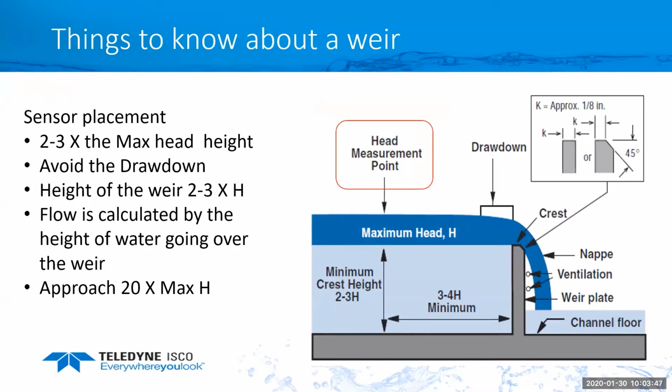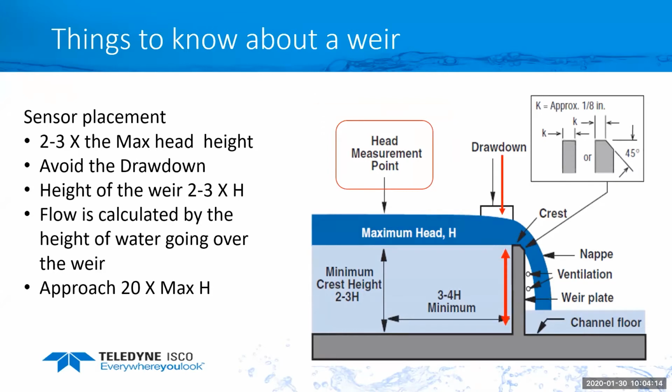And that's going to be determined by what your expected flow rate is through that channel. Why that's important is that if you have the sensor too close to the weir wall, there's a drawdown effect. As you can see with this drawing, it draws down and the level could be a little bit lower closer to the weir wall, which would then give you a calculated lower flow rate.